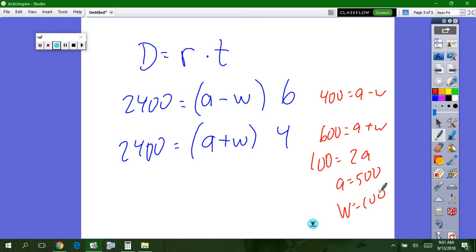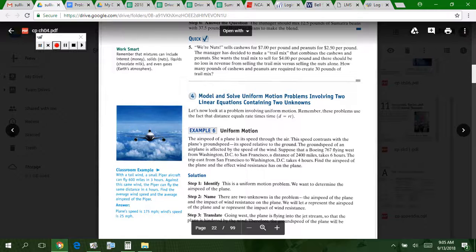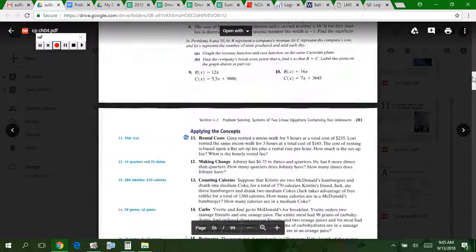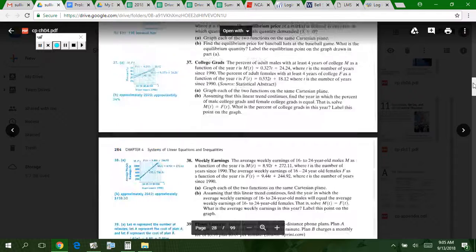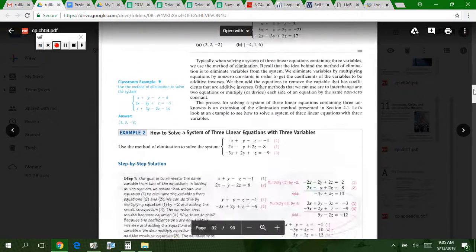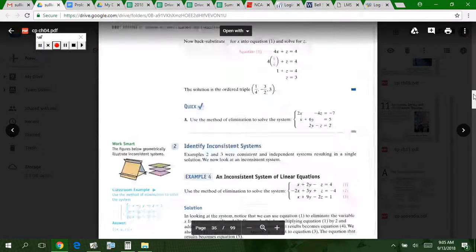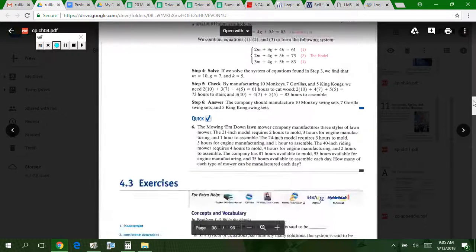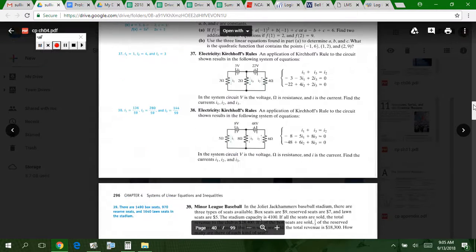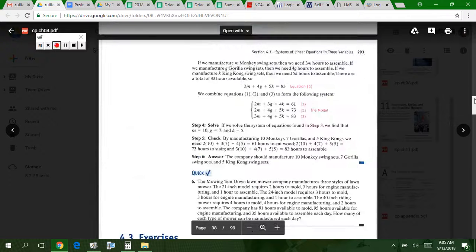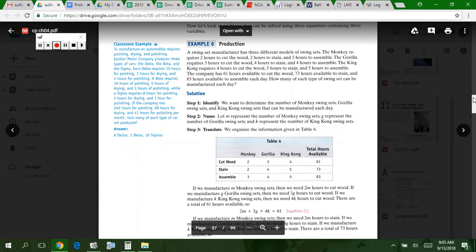I'm going to go in there just to make sure there's another word problem that we do with the 3 equation. All right, here we go.